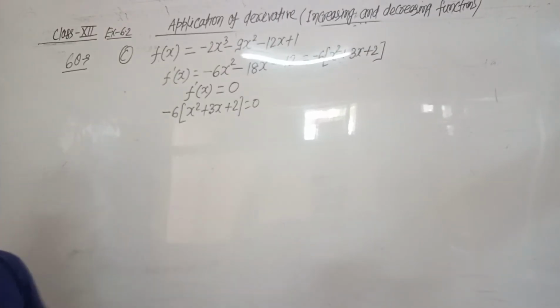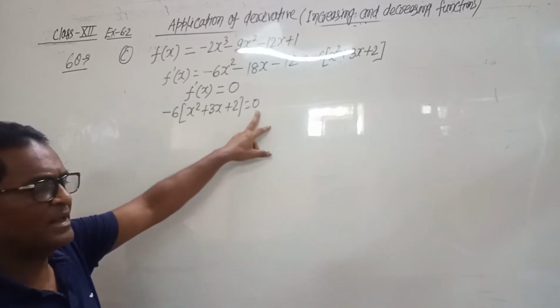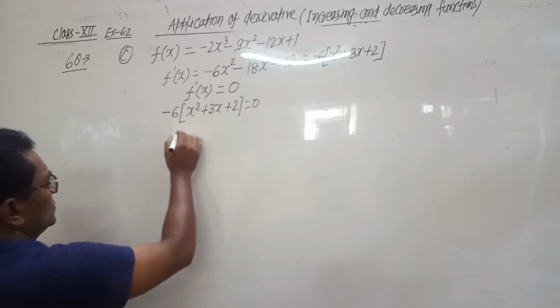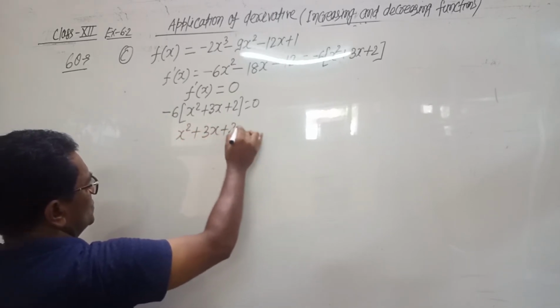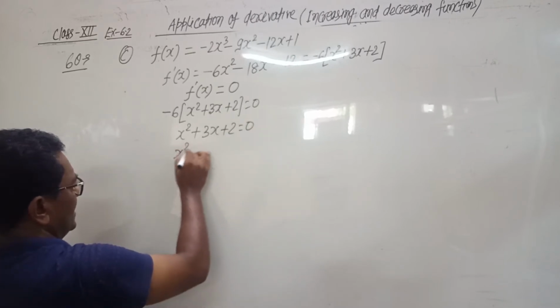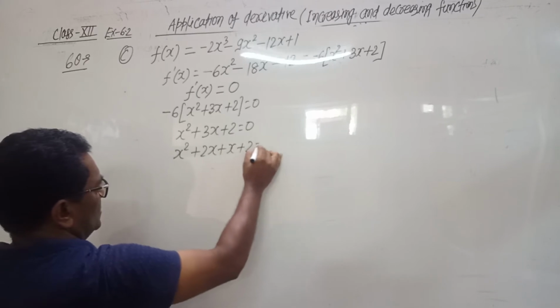This minus 6 goes to the denominator place and it becomes 0. So x square plus 3x plus 2 equals to 0. Make its factors.